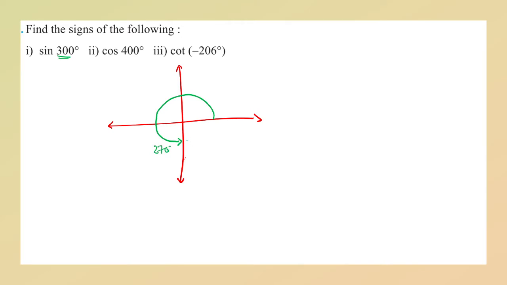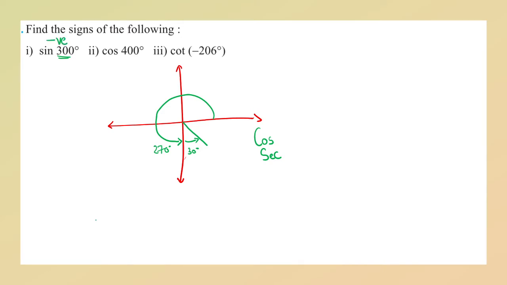About 270, I have to go 30 more to reach 300. That means the terminal arm lies in the fourth quadrant. And in the fourth quadrant, I know only cos, that is the cup, and sec, these two are positive, rest are negative. So the conclusion would be that sine 300 degree, whatever the answer is, is going to be negative.